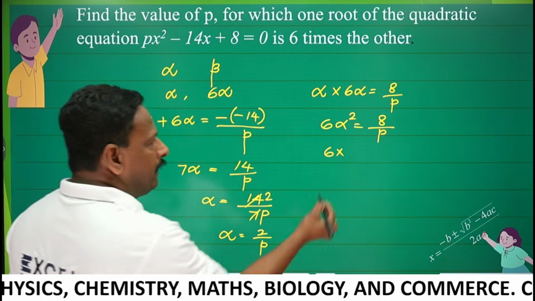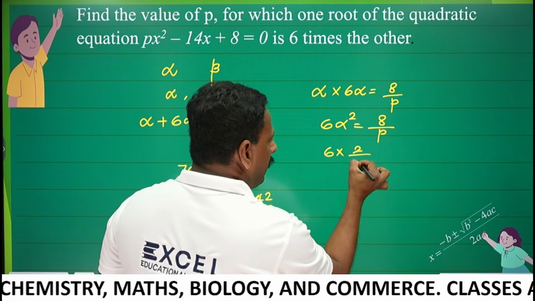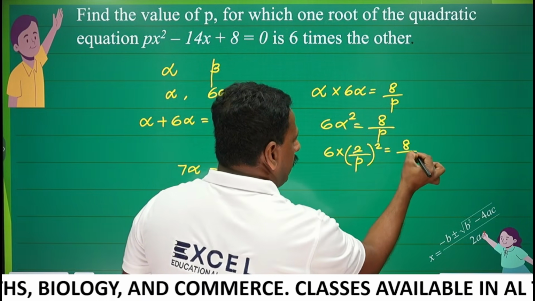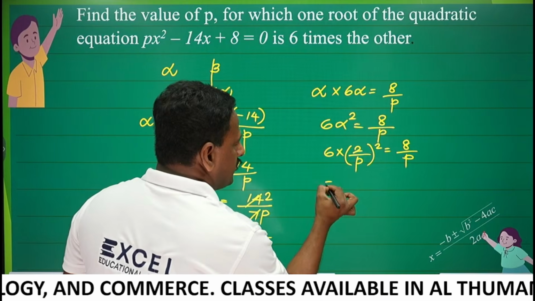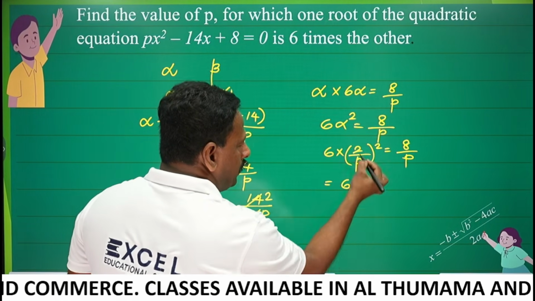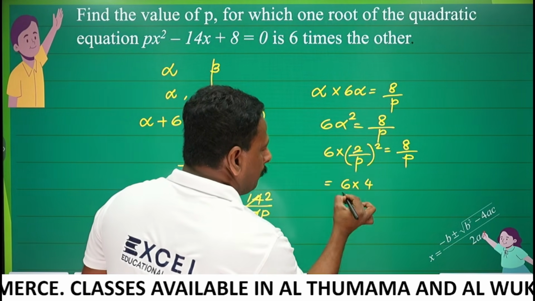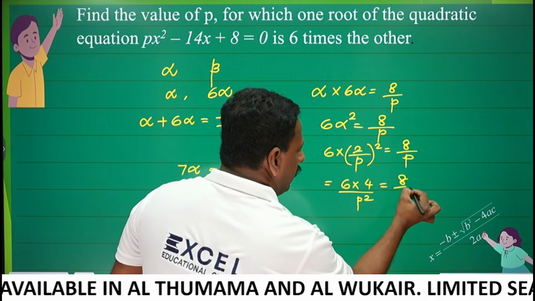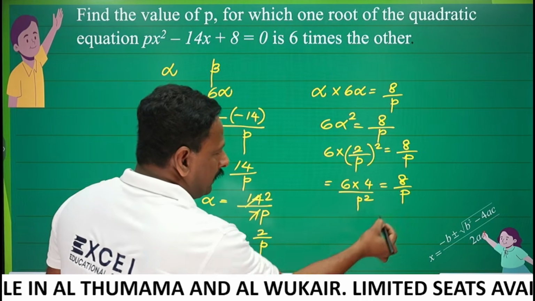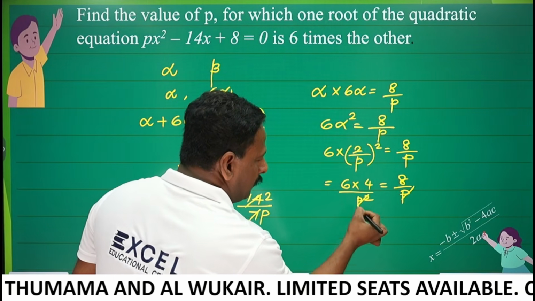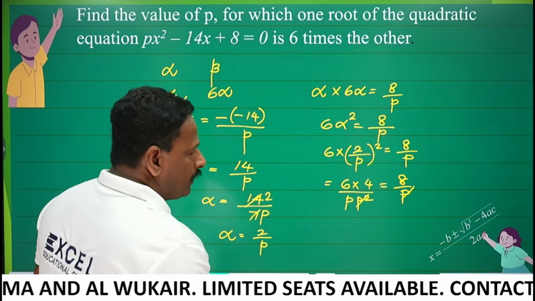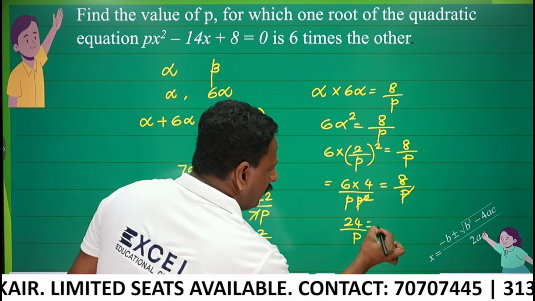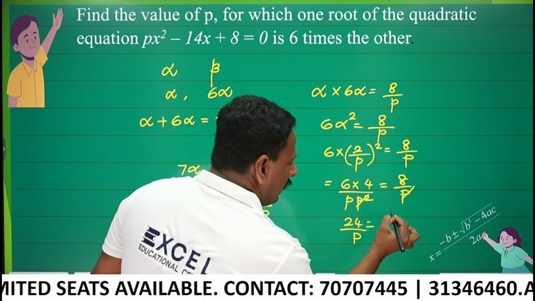Alpha is 2 by p, so this will become 2 by p square equals 8 by p. So this is 6 into 2 square is 4 by p square equals 8 by p. So you can cancel one p. So p in p square, p times. So what you get is 24 by p equals 8.